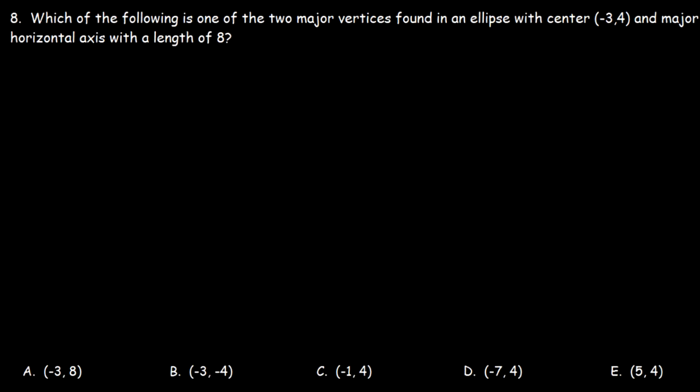Number 8. Which of the following is one of the two major vertices found in an ellipse with center (-3, 4) and major horizontal axis with a length of 8? So let's begin by making a graph. Now the center is going to be in quadrant 2, so we're going to put the majority of the graph in quadrant 2.